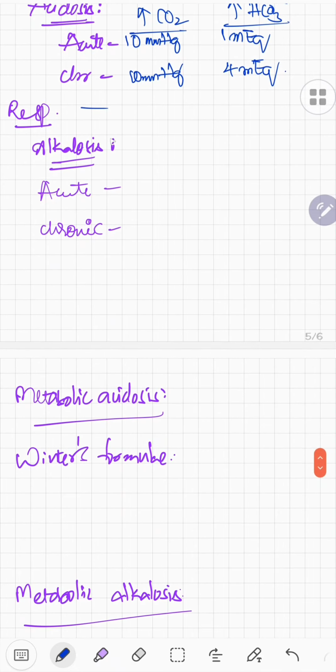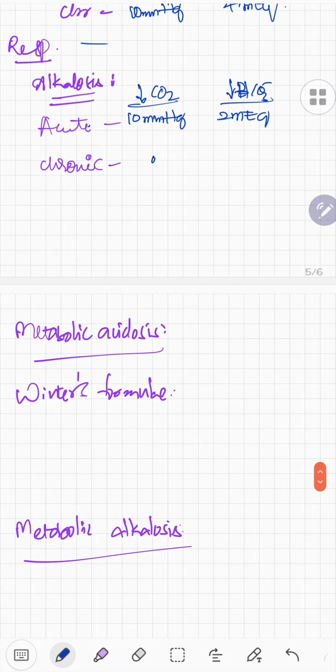In acute respiratory alkalosis, for every 10 millimeters of mercury reduction in carbon dioxide, there will be a 2 milliequivalent reduction of bicarb. In chronic respiratory alkalosis, for every 10 millimeters of mercury reduction of carbon dioxide, there will be a reduction of 4 milliequivalents of bicarb.